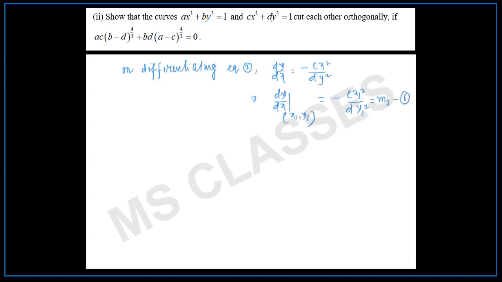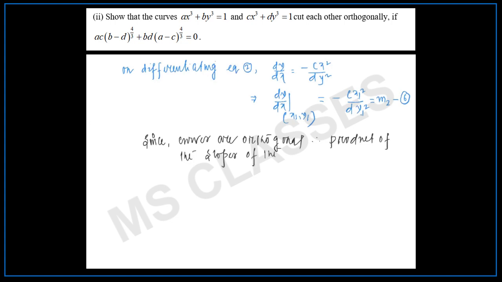Now the first condition is that since the curves are orthogonal, that is, the angle between them is 90 degrees, therefore the product of the slopes of the curves at the point of intersection is minus 1, which implies m1 into m2 equal to minus 1.